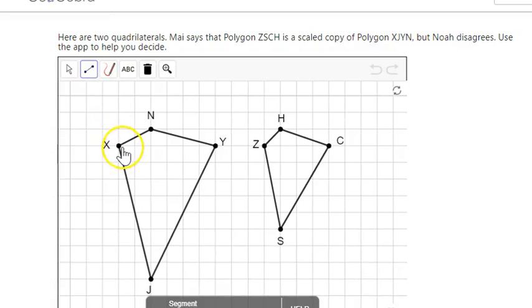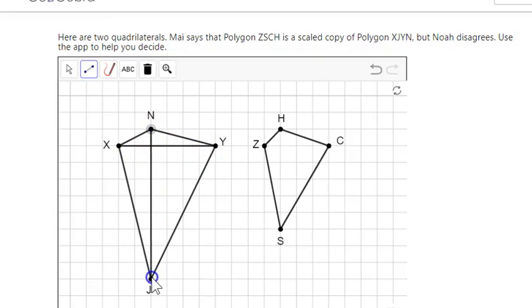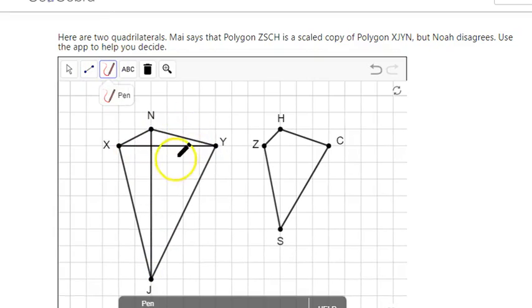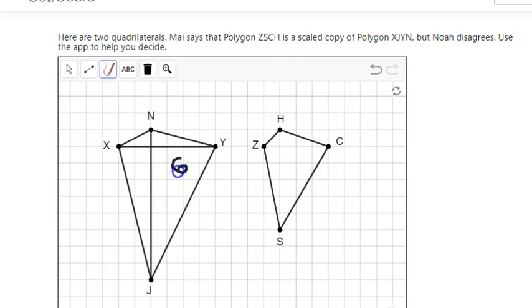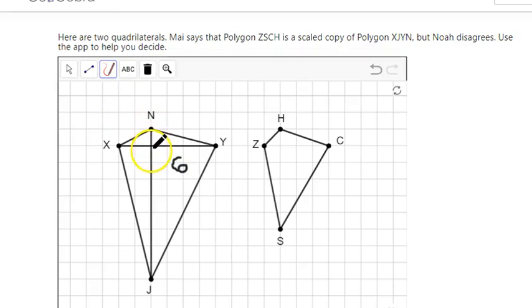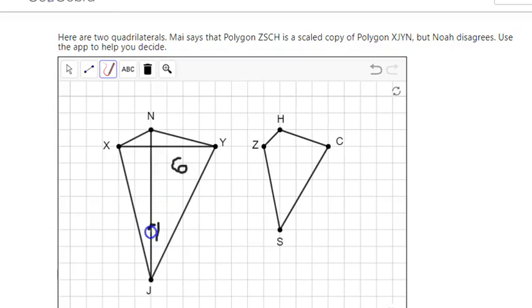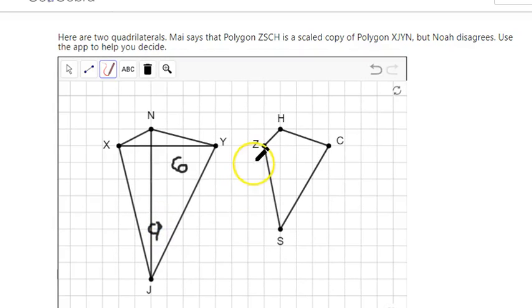Well, here's what I can see. If I measure that distance across there, I've got 1, 2, 3, 4, 5, 6. And I go from the top here. So I had 6 here. And I got 1, 2, 3, 4, 5, 6, 7, 8, 9 here.